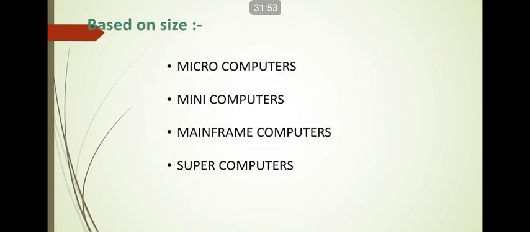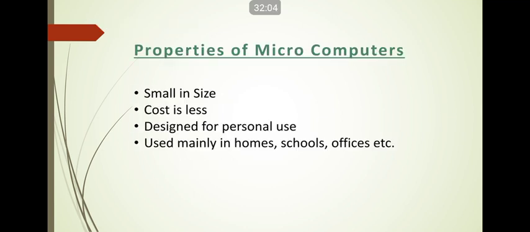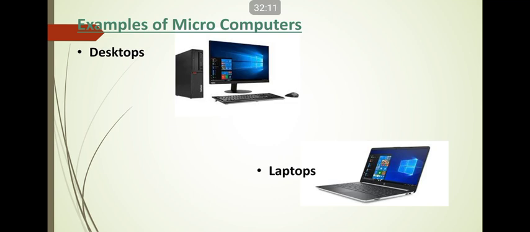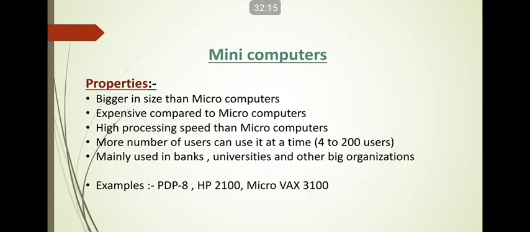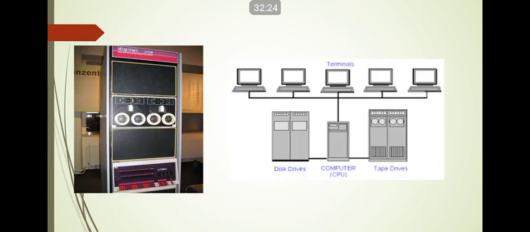Now, based on size, computers are categorized into 4: microcomputers, mini computers, mainframe computers, and supercomputers. Microcomputers are small in size, cost is less, designed for personal use, and used in homes, schools, and offices, which you people are using currently. Mini computers are a bit bigger in size compared to microcomputers, and expensive also. Their processing speed is also high and the number of users is also more.